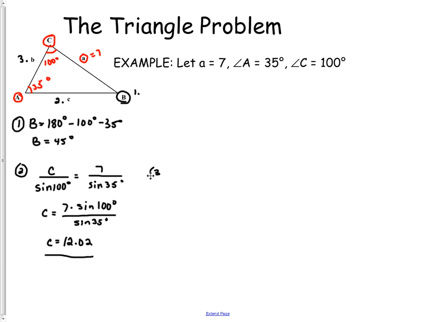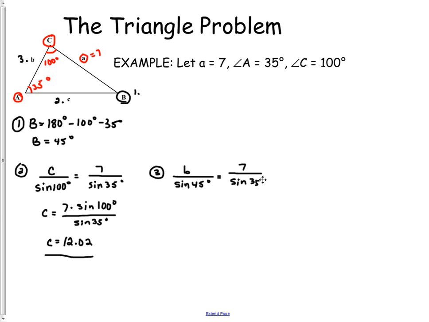So side B is going to be found by taking the length of side B divided by the sine of its opposite angle, and we found that to be 45 degrees. So B divided by the sine of 45 degrees will equal, let's put the ratio for a to sine A, so it's 7 divided by the sine of angle A, which is 35 degrees.